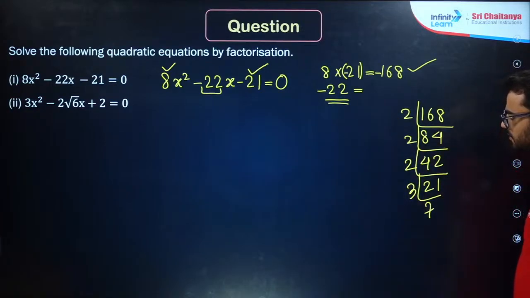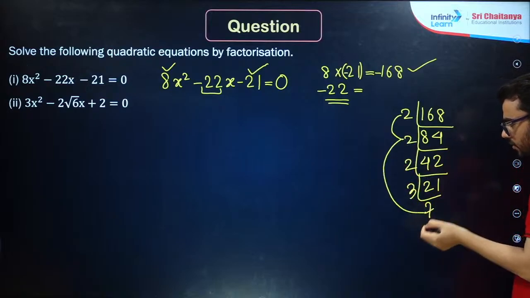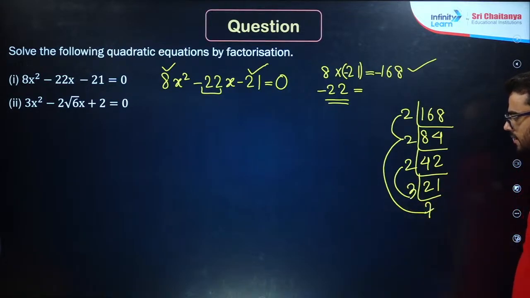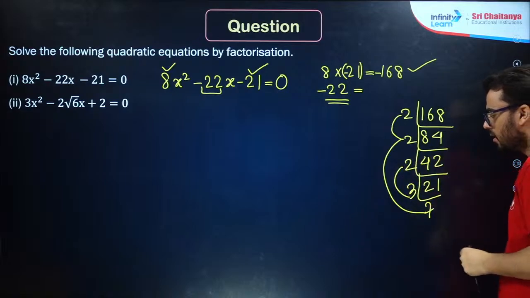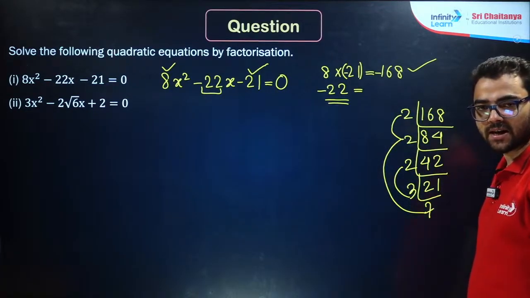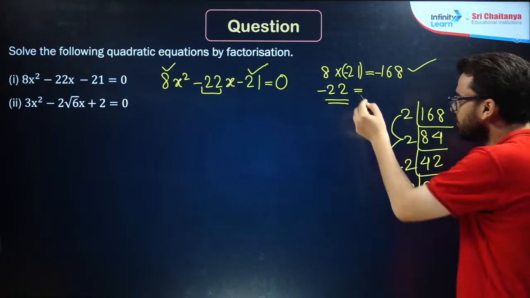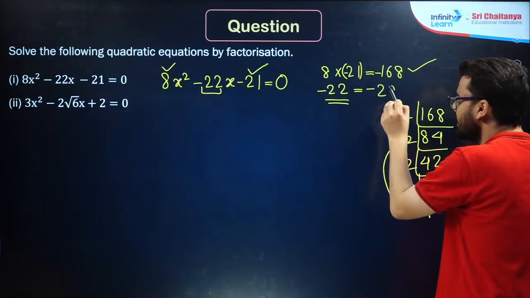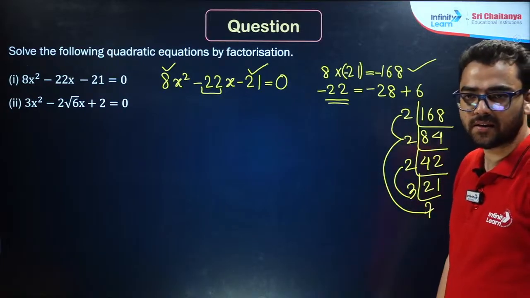That comes with practice, and I guess I have got it. 2 2s are 4, 7 4s are 28, and 3 2s are 6. Automatically, their product will be 168 only, because that is coming from the prime factorization of 168. But over here, minus 22 can be written as minus 28 plus 6, and that will give you the factorization.